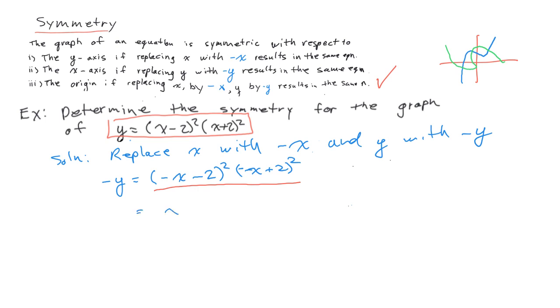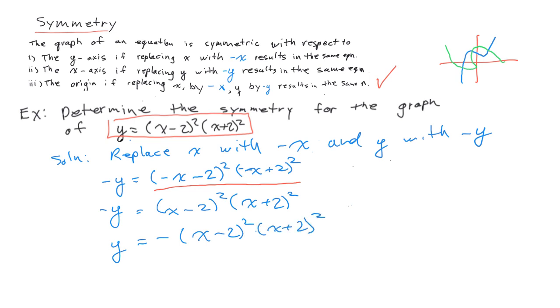So we got (x minus 2) squared when we simplified and (x plus 2) all squared, but we still have the minus y. So when we divide by the minus, you end up with y is equal to negative of (x minus 2) squared times (x plus 2) squared.